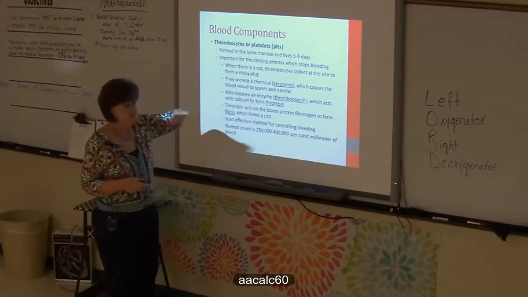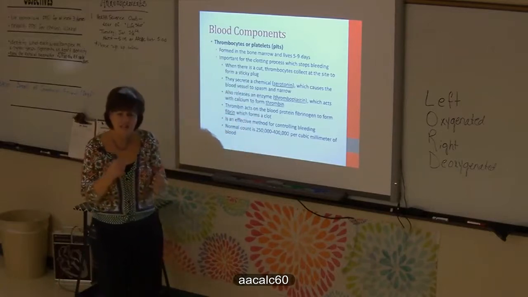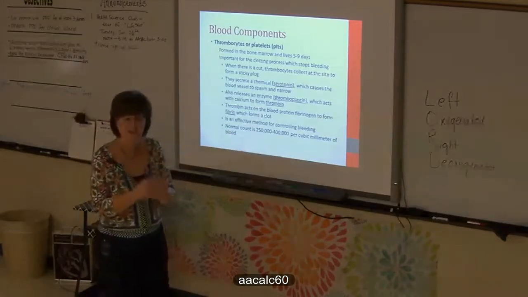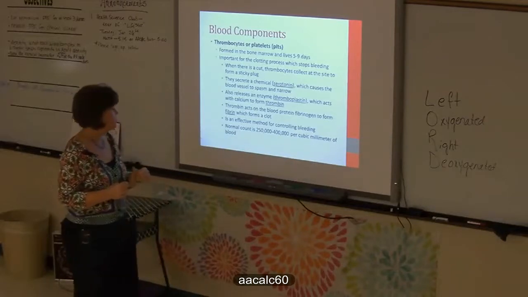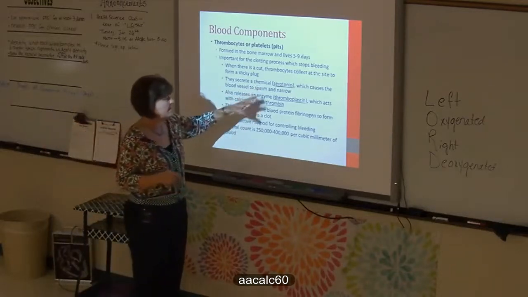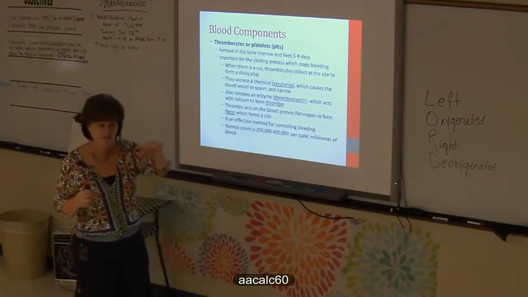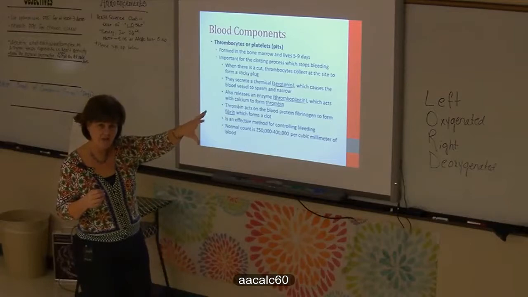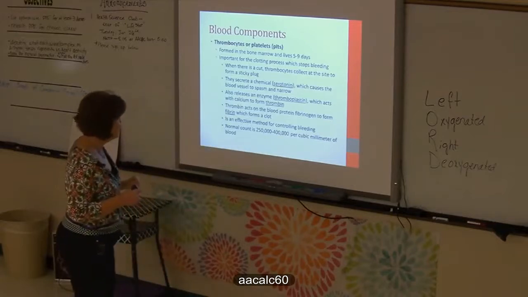So when there's a cut or an injury or anything like that, those thrombocytes rush to the scene and start to stick together. They make a plug. That's the goal, is they want to plug off that hole so that it can heal. They secrete a chemical that makes the blood vessel narrow and spasm. Because I'm not going to lose as much blood through that hole as I am through that hole, right? So I want it to constrict, so it's going to constrict and do that.